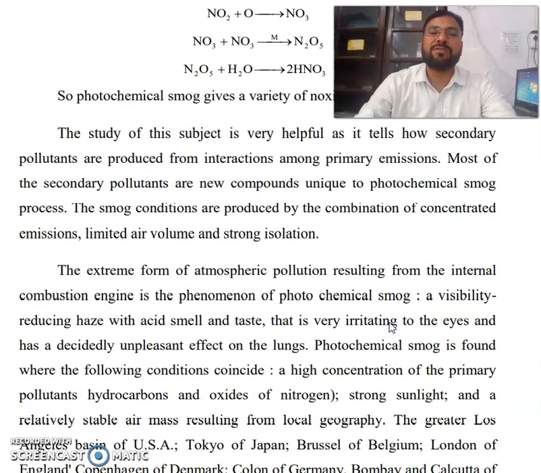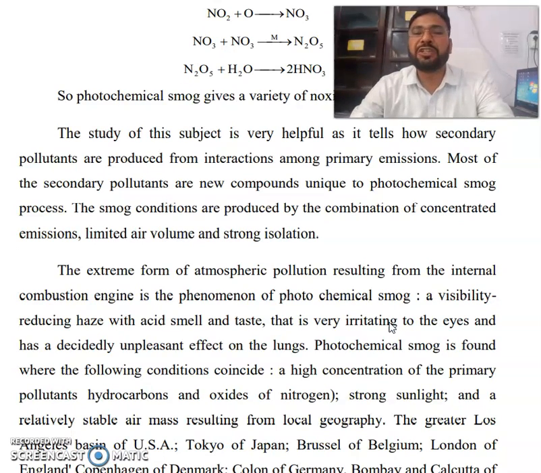My friend, the smog form of atmospheric pollution resulting from the internal combustion engine is the phenomenon of photochemical smoke: a visibility-reducing haze with acid smell and taste, that is very irritating to the eyes and has a decidedly unpleasant effect on the lungs.